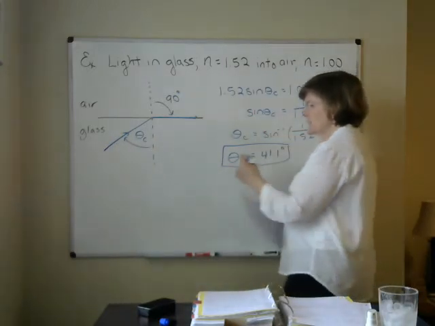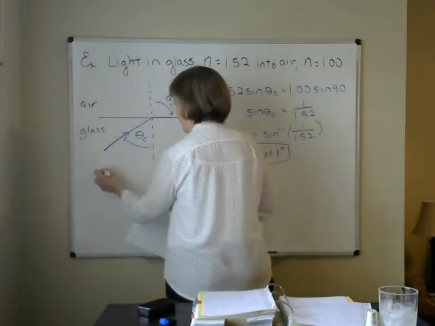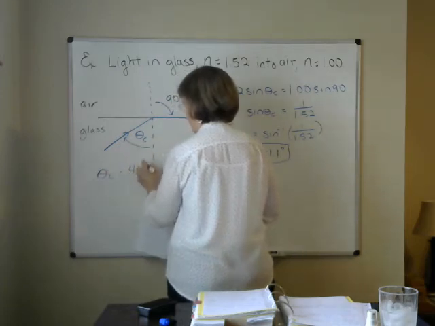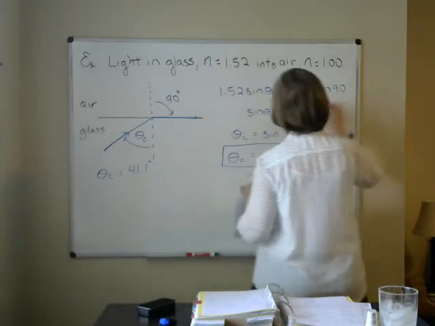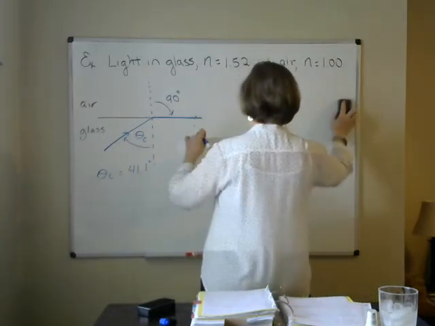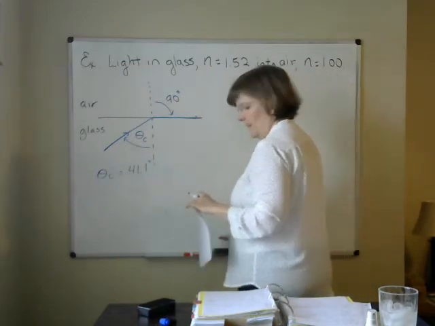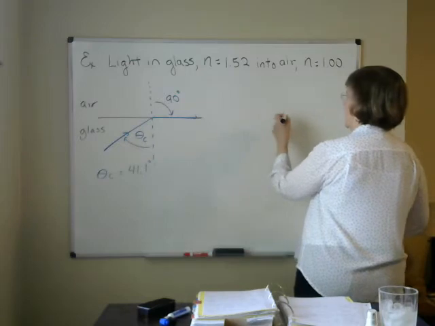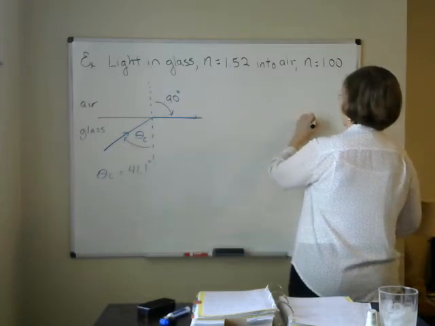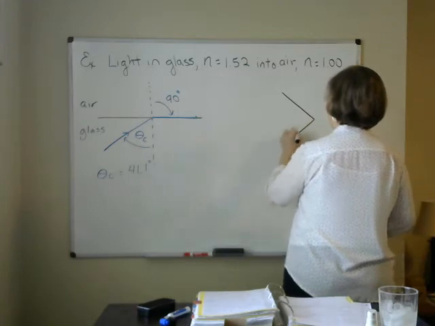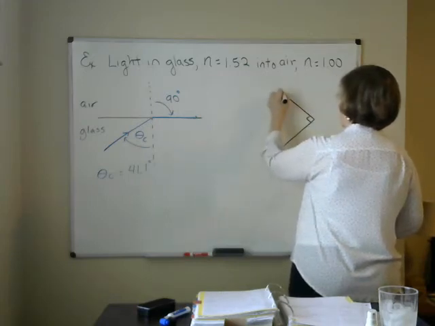Okay, so let's look at an application here. Theta critical is 41.1 degrees. Let's suppose that I have a 45, 45, 90 prism. So I can draw where it looks 45, 45, 90. There's my 90 degree angle.